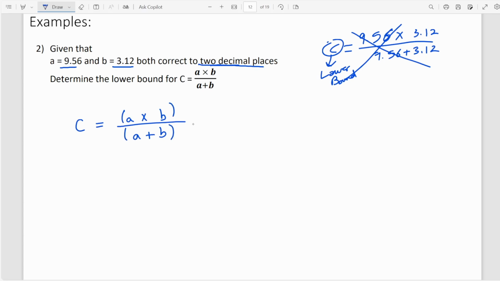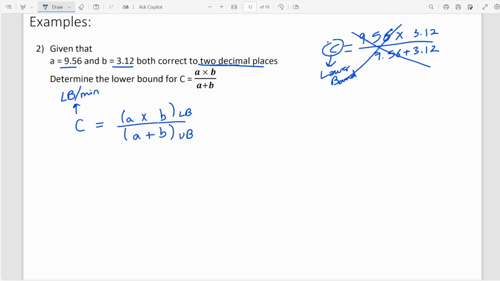So this division right here is the last operation. So we want the lower bound for c, or the minimum, okay? To achieve that, we would want the lower bound for the top part, the numerator, and the upper bound for the lower part, okay? Overall. Now I will go into the specifics.